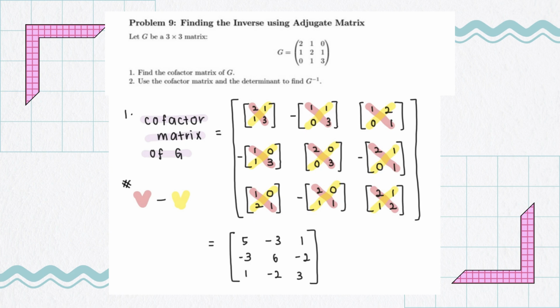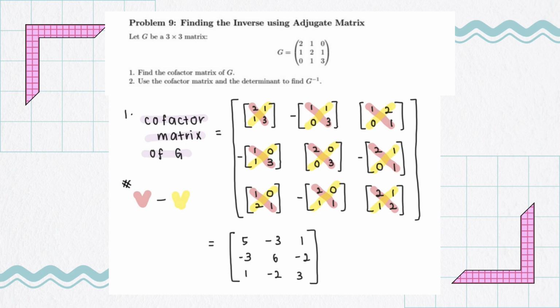Firstly, we need to write the sign based on the element's position. So how do we find the cofactor of a matrix? Given matrix G, the first element is at the first row and first column, so we use our fingers or maybe a pen to close the first row, which is 2, 1, 0, and the first column, 2, 1, 0.